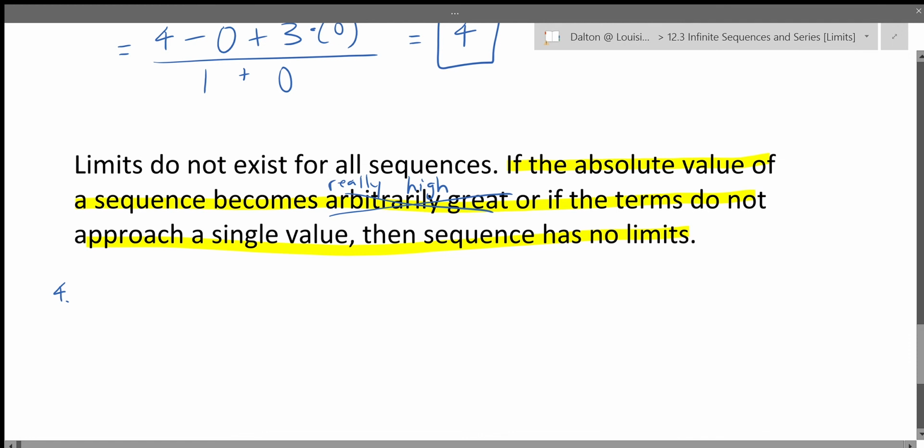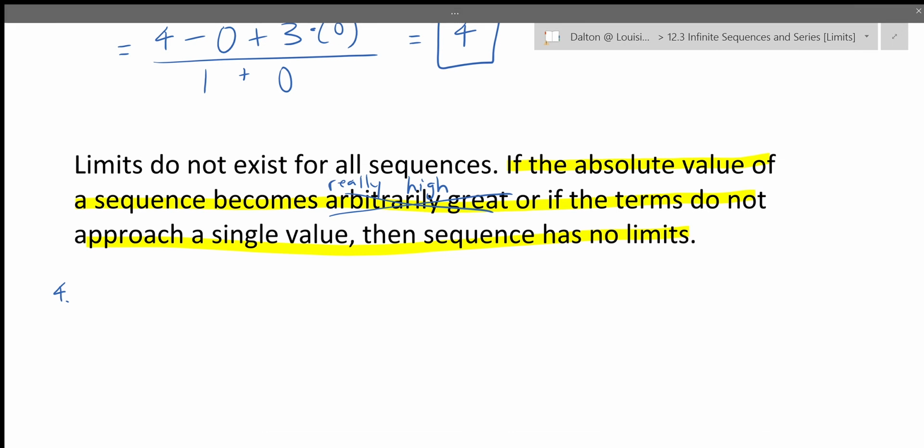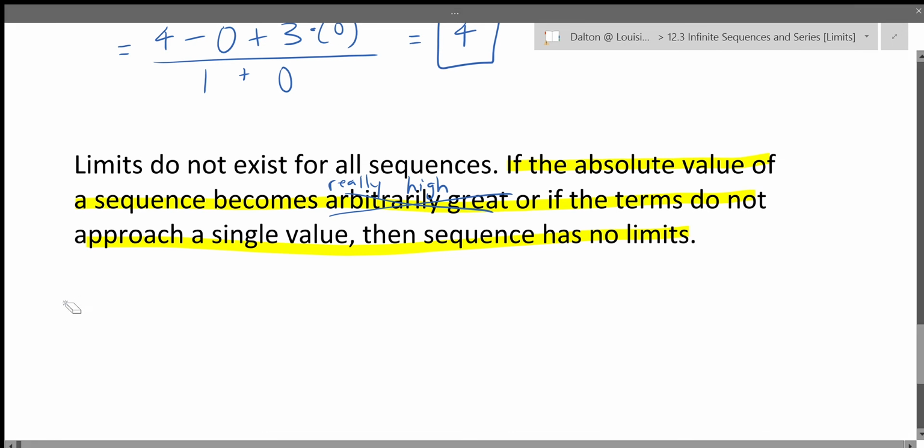So I want you to start thinking about this next example. The limit as n approaches infinity of 4n squared minus 6 over 3n. And we're going to use some of the same tactics as we did on those earlier problems to break up this fraction to find the limit of each of the individual terms.